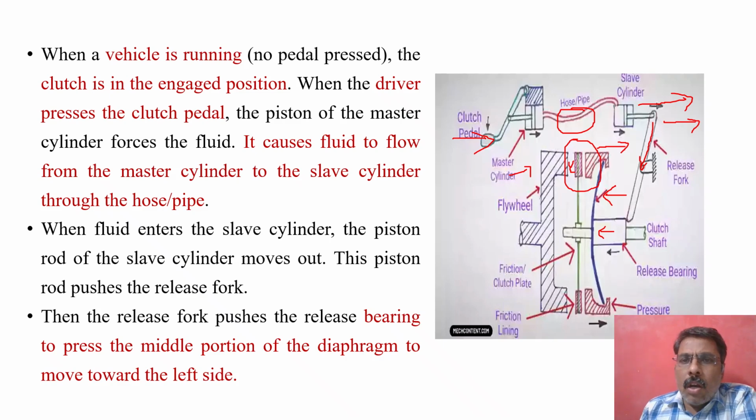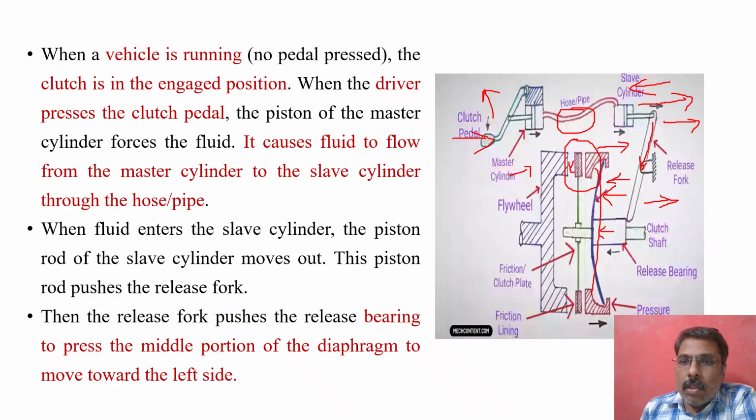Due to the disengaging, no power is transmitted from the drive shaft to the driven shaft. Whereas, when you release the applied pressure over the pedal, automatically the slave cylinder piston moves towards the left-hand direction. Due to this movement, the fork moves towards the left direction, and this causes the diaphragm to go straight.